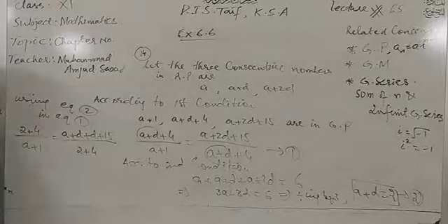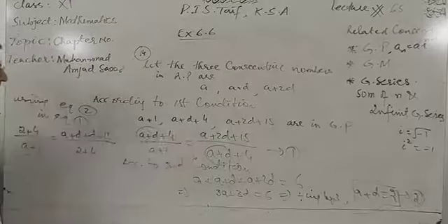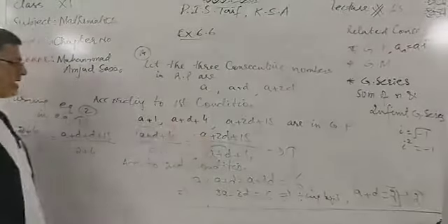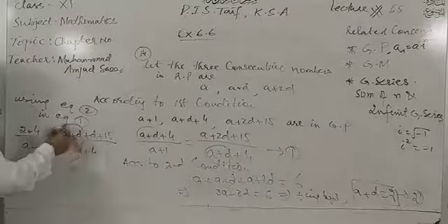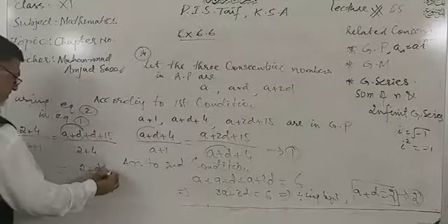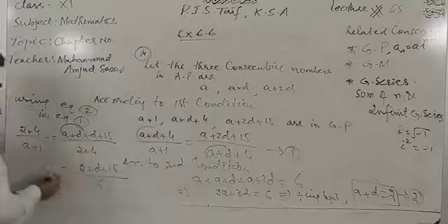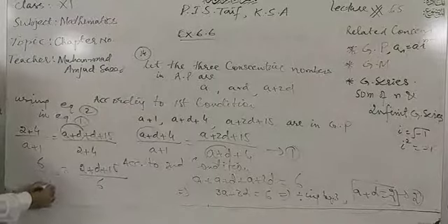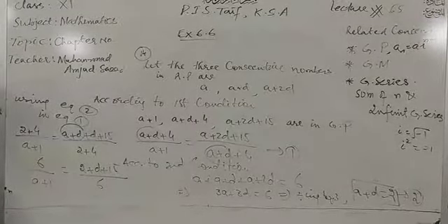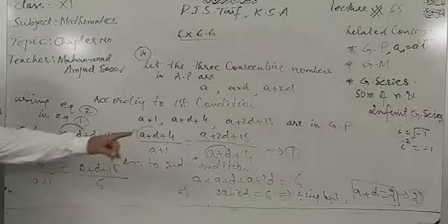Dear students, this was A plus 2D, you can write it as A plus D plus D, so again we will have 2 plus D plus 15 over 6. Here is 6 over A plus 1. So we have used equation 2 here.